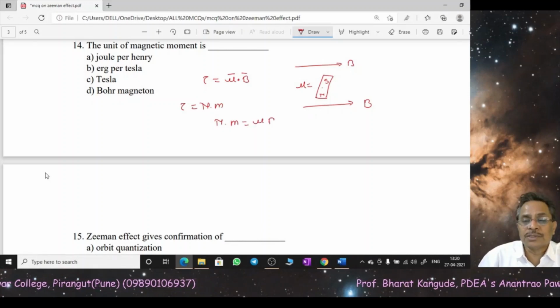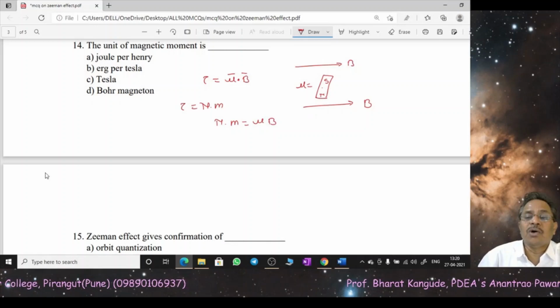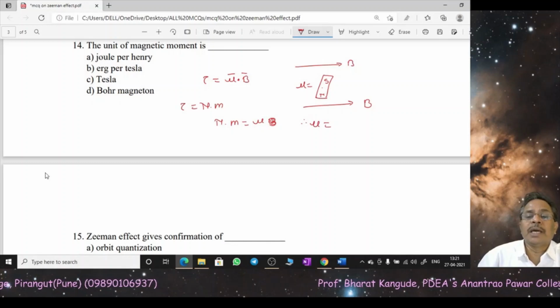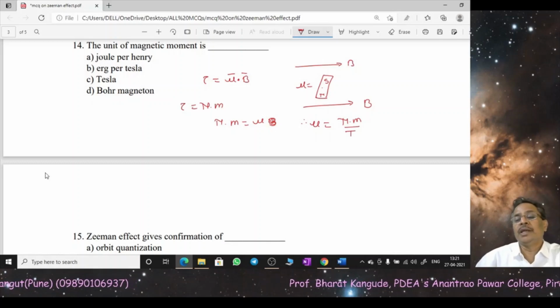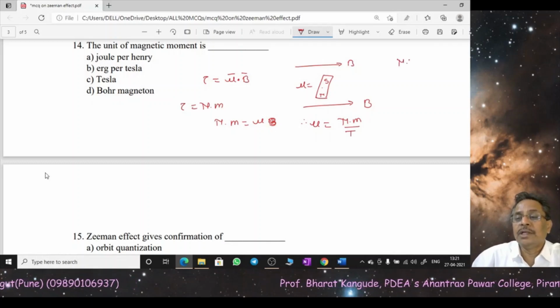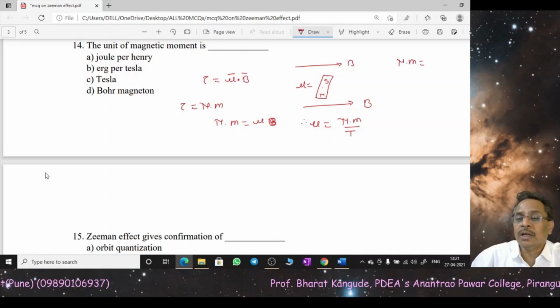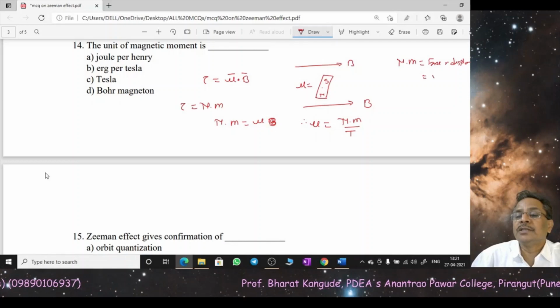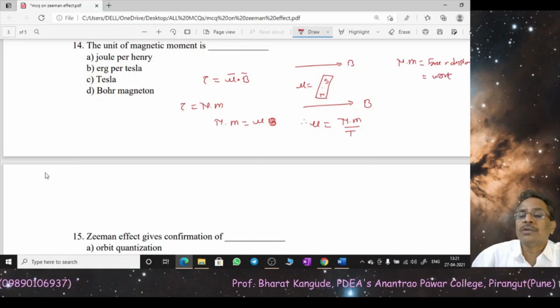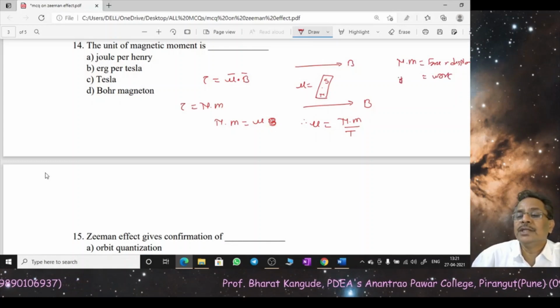If I go for the simple calculation, this is B or H, whatever it is, which is measured in Tesla. Therefore, the magnetic moment mu is given by newton meter divided by Tesla, that is the unit for the magnetic moment. Note that newton meter is just like force into displacement, and force into displacement is nothing but work, which is expressed in joules.